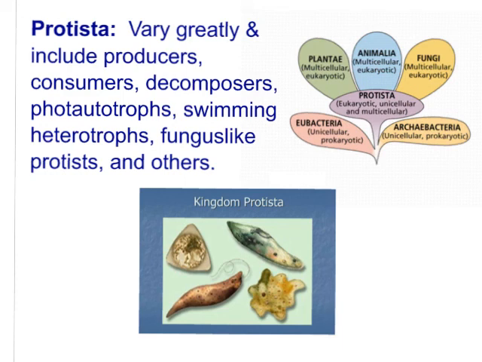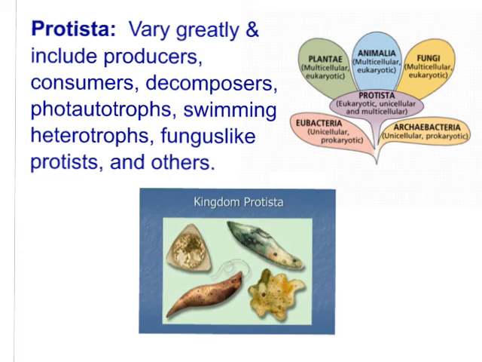Protista, that is the kingdom right here. And unfortunately, Protista vary immensely from one organism to another. It seems to be that it's the collection of a lot of the leftover organisms within the eukaryotic arena.